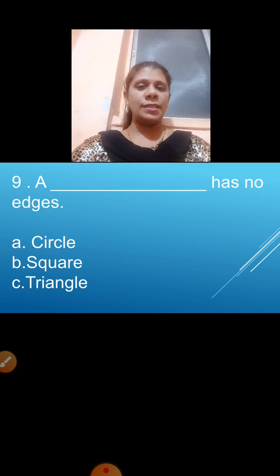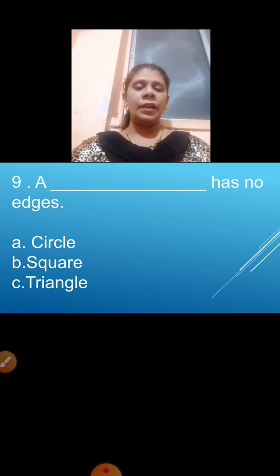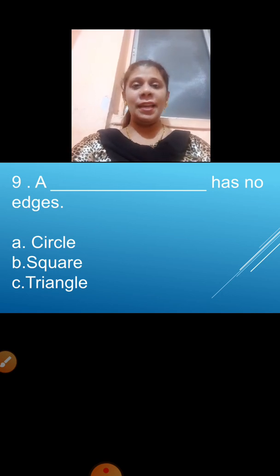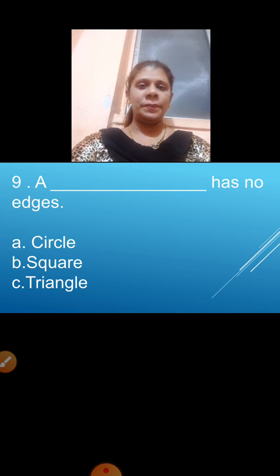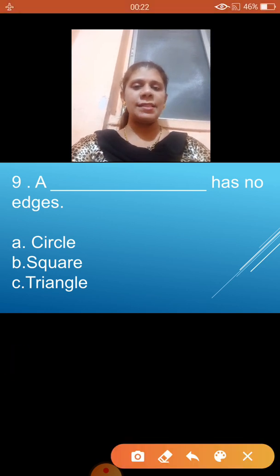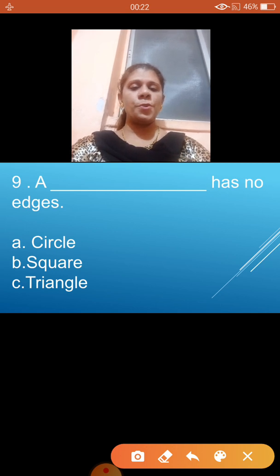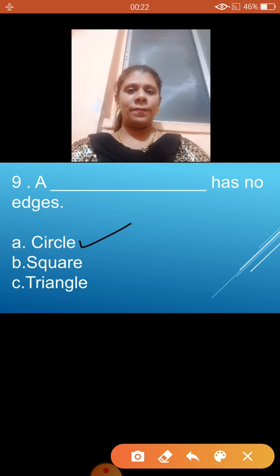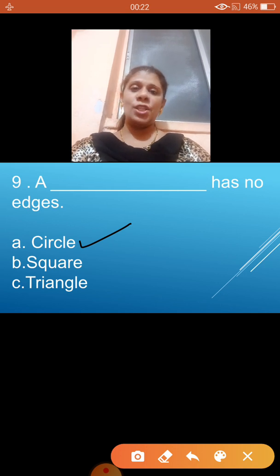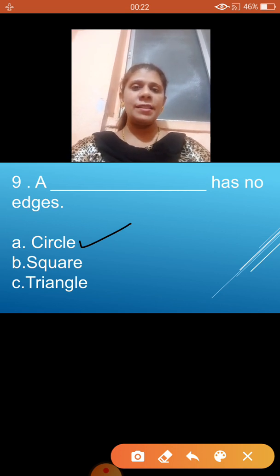Which is the shape that has no edges? Circle, square or triangle? Circle, correct. A circle has no edges. A square has edges, how many? 4. Triangle, 3. Circle, no. So a circle has no edges.